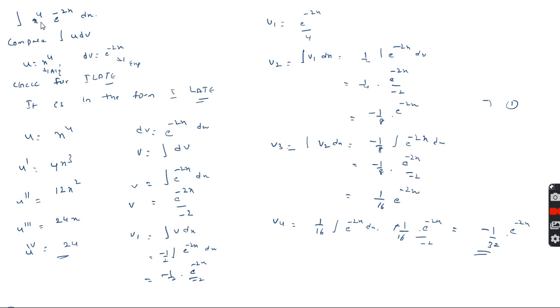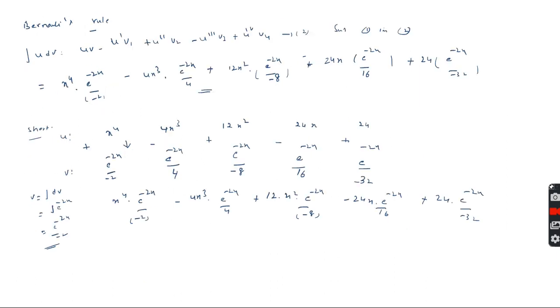That means if the power is 4, then we can find the derivatives or integrations up to the fourth: u dash, u double dash, u triple dash, u4 dash, and similarly v1, v2, v3 and v4. Call all this 1.